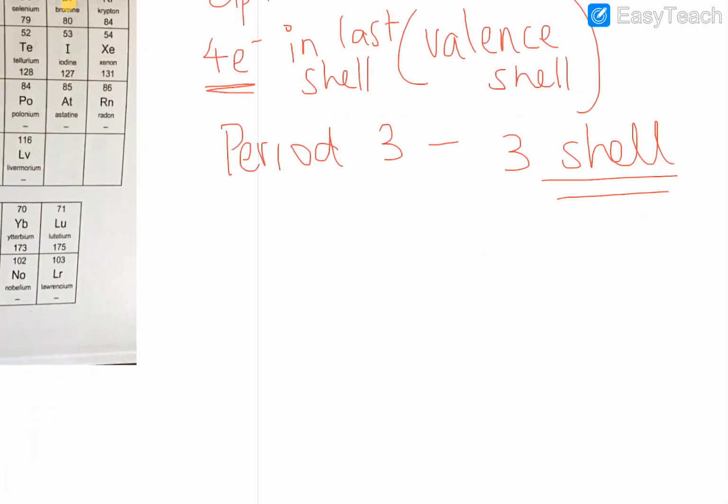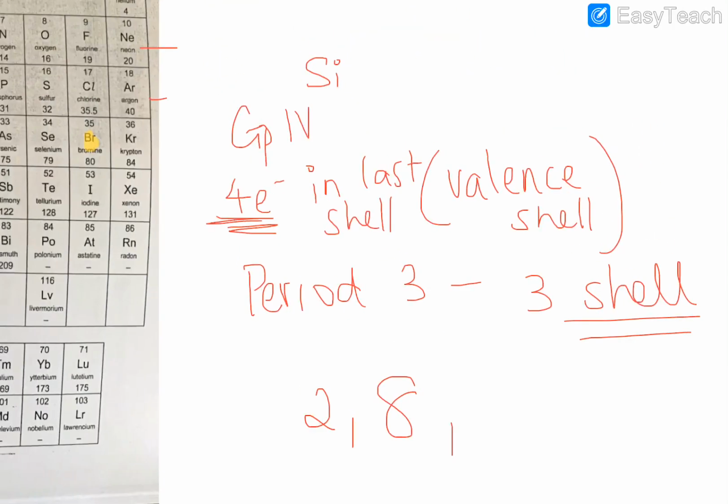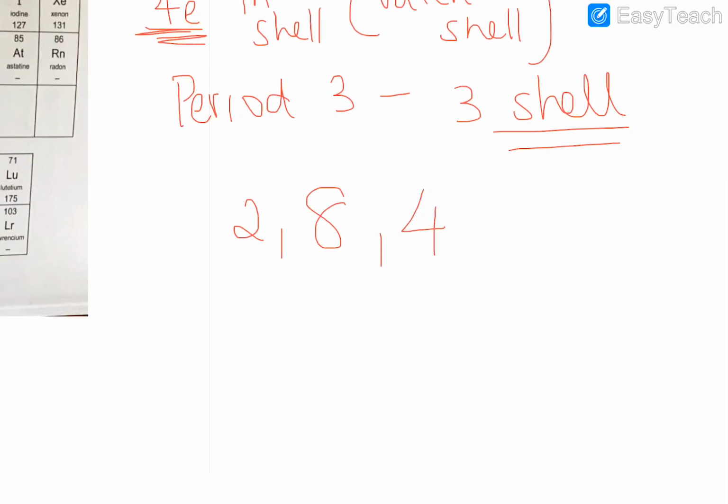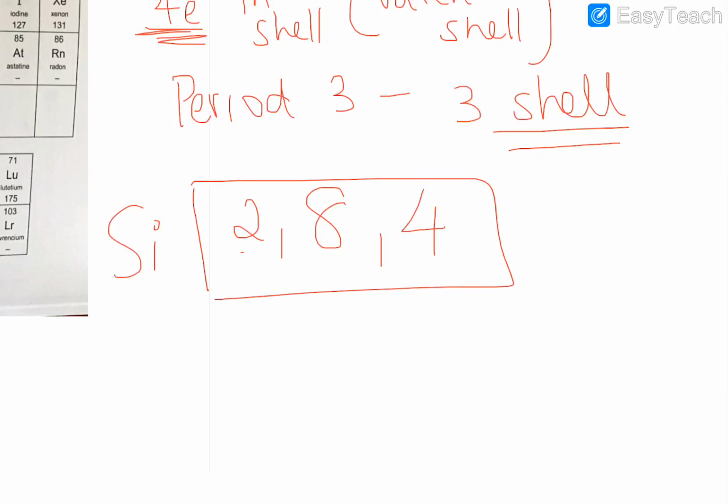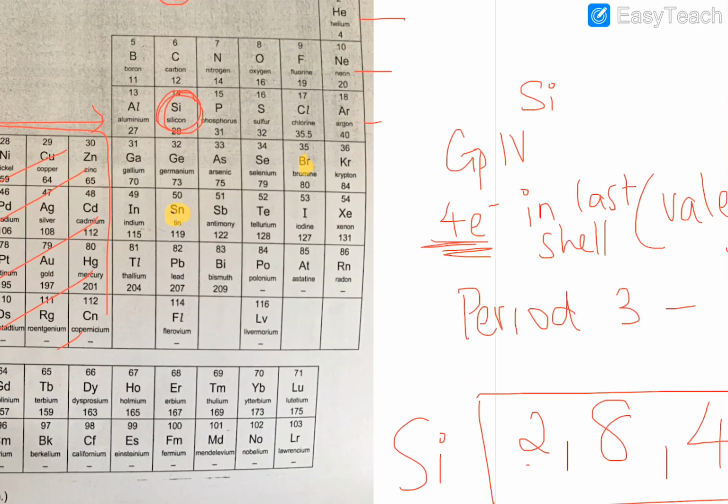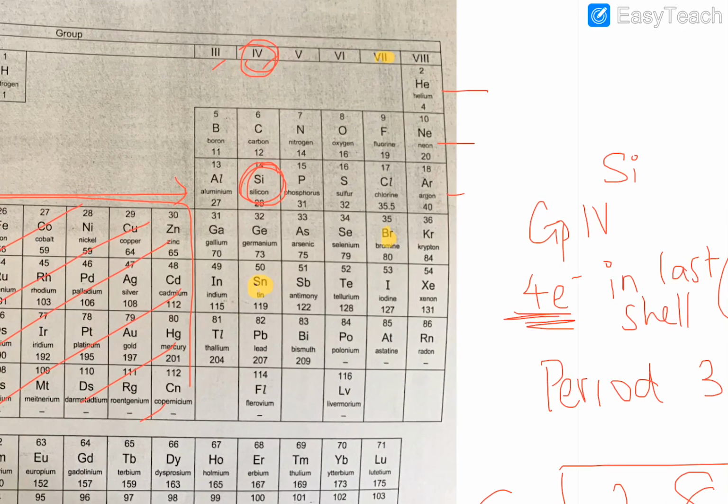The first shell holds 2 electrons, the second shell holds 8 electrons, and the third shell, which is the outermost shell, should hold 4 electrons. So 2, 8, 4. I found the electronic configuration of silicon without even knowing its atomic number, just by looking at its position in the periodic table.